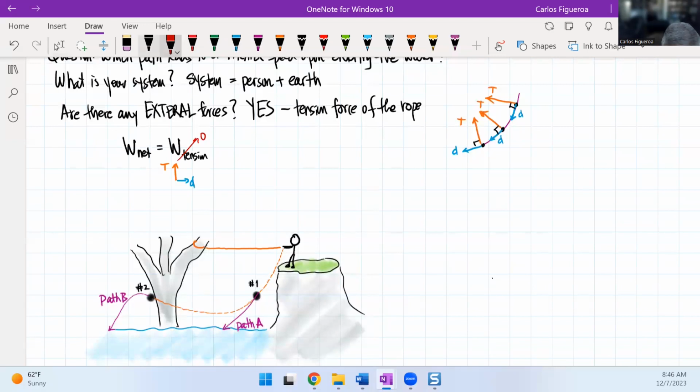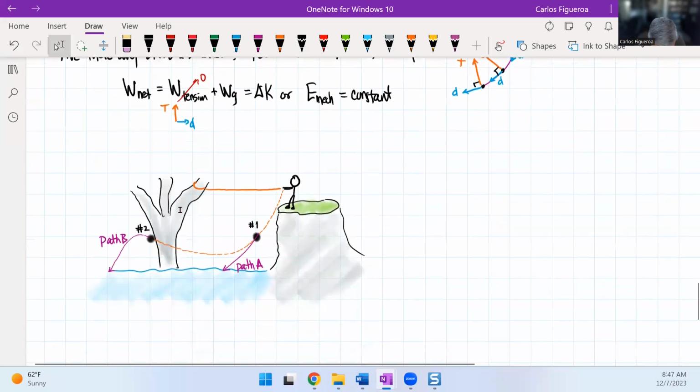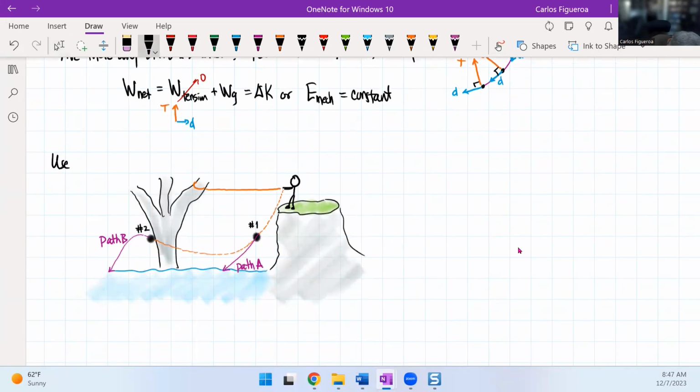Because it's always zero, the force of gravity will change the kinetic energy, or I can write that the mechanical energy in this situation is a constant. So I can use conservation of mechanical energy since the force of gravity is part of the system. That being the case, now let's use a bar diagram.